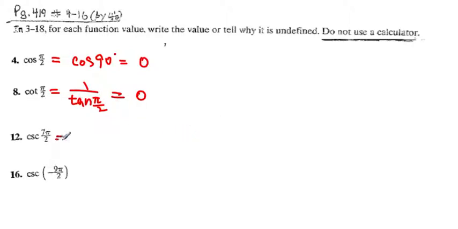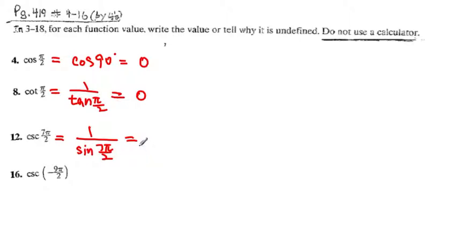Now, next. Cosecant here is the reciprocal of sine of 7 pi over 2. Now, what is sine of 7 pi over 2?